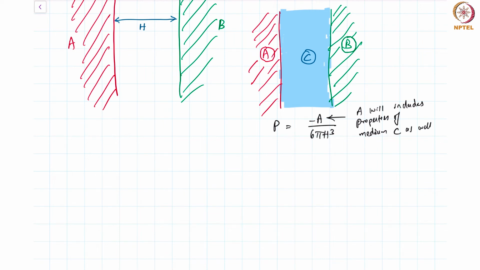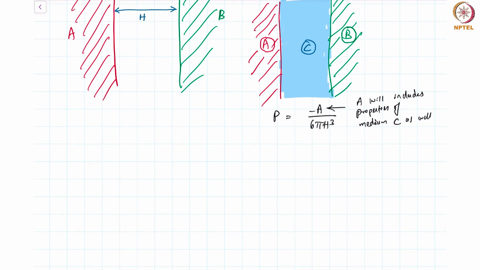So now when I say the properties of medium C will enter, notice that these interactions between A and B will happen through electromagnetic waves. Remember, these are because of instantaneous, fluctuating dipoles that are created in A and B. The frequency of this fluctuation would automatically affect how the interaction happens, so the properties of medium C will affect how these interactions happen.